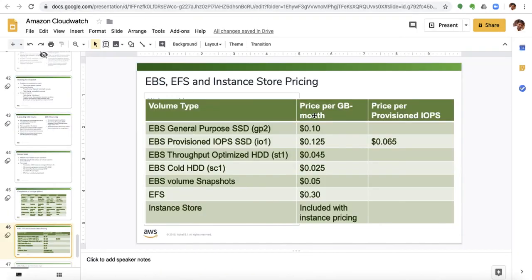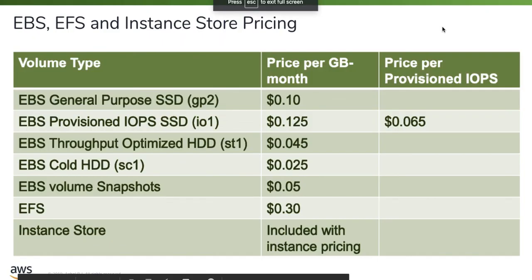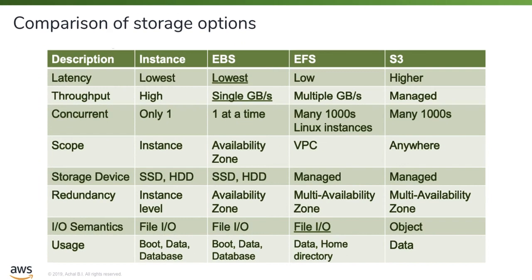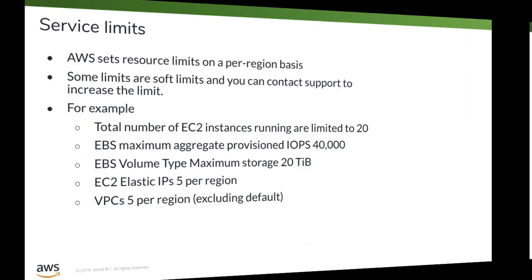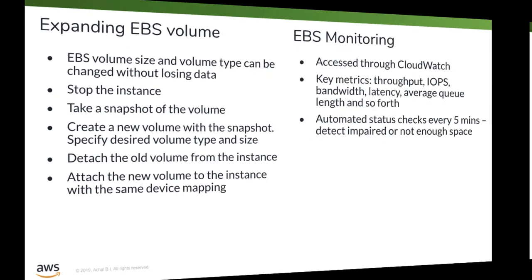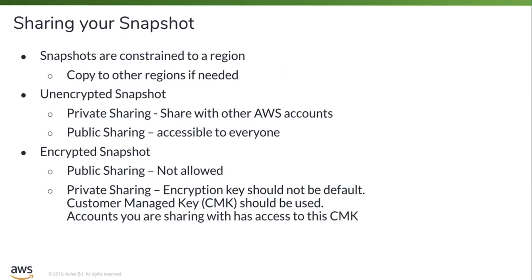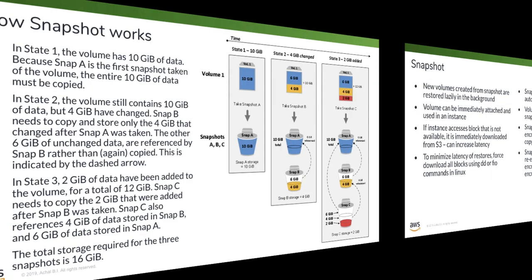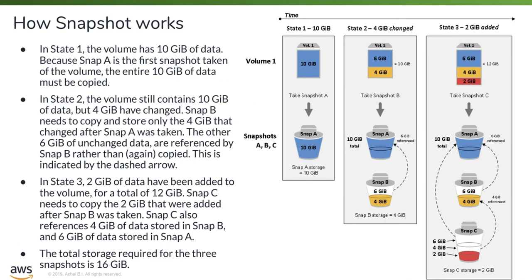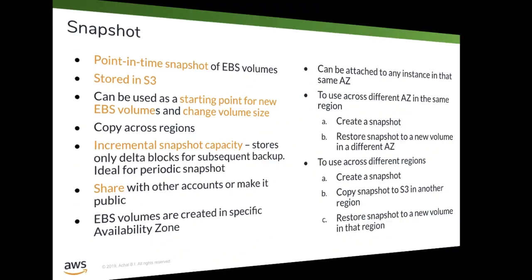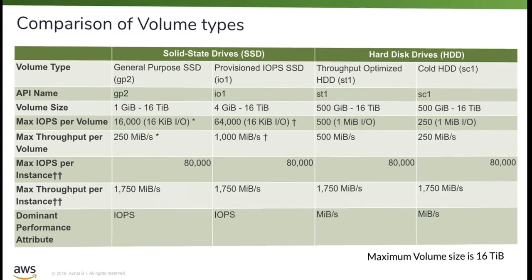That's all that we had on EBS volumes. I hope you would go back and check all this, right? I would suggest you go through the most important aspect of how snapshot works, and also this chart.